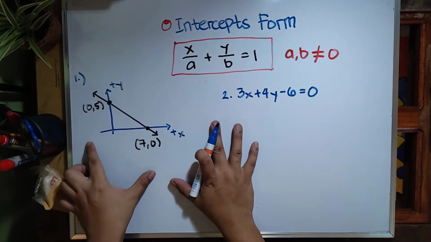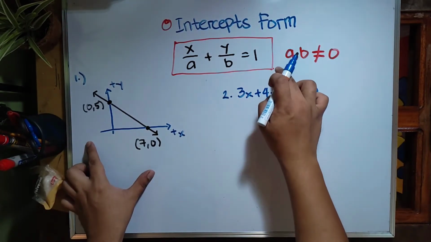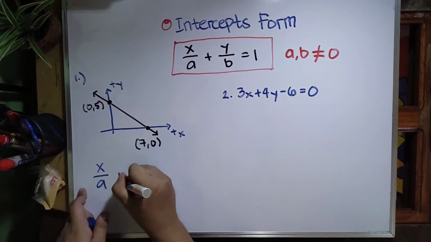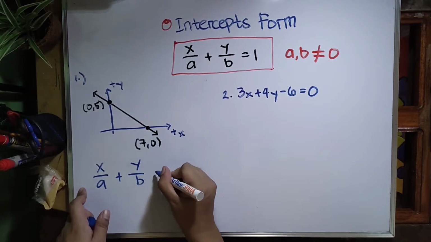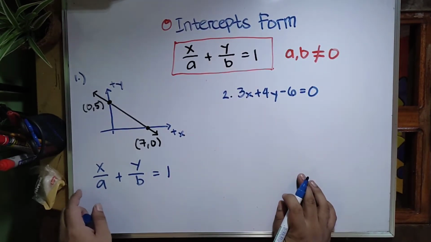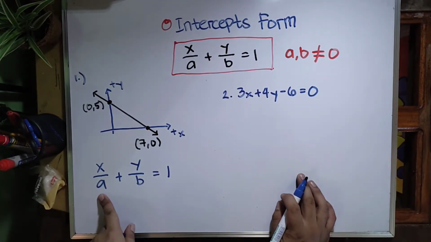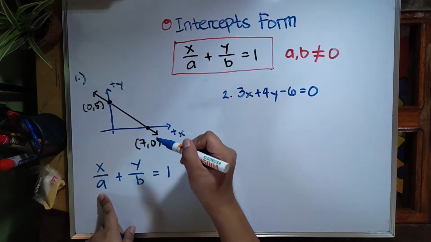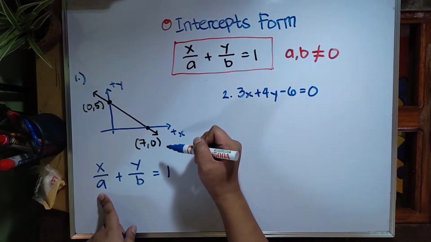Given this graph, let's form an equation out of this. So of course, let's put the equation x over a plus y over b equals 1. The x-intercept here is the point 7,0. When you say x-intercept, it is the point where it touches the x-axis.